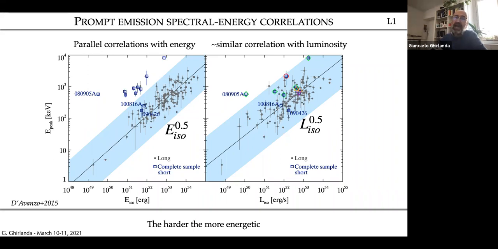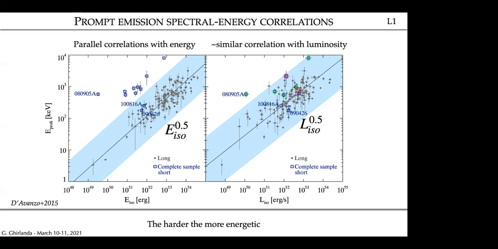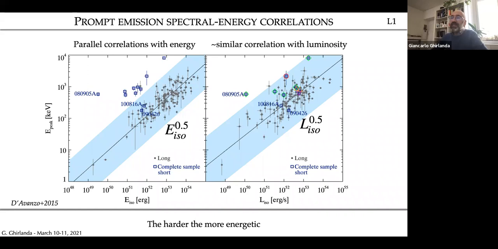These two bursts here are probably transitional objects which are in between short and long GRBs, because as you saw, it's hard to separate the two populations, being overlapped in their duration distribution. The bottom line is that these two correlations are basically saying that the harder the spectrum peak, the more energetic or more luminous is the burst, either long or short.